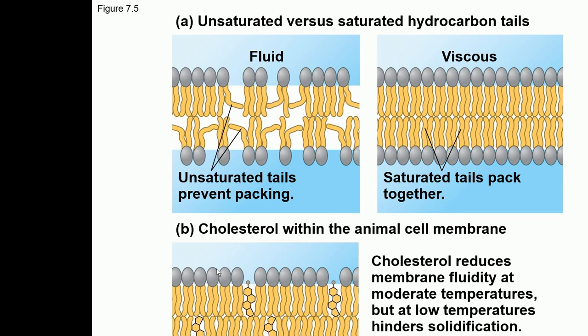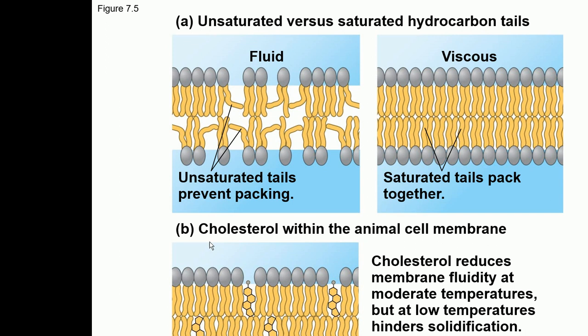When it is summer and the temperature becomes very high, these phospholipids could move very, very fast, but there is cholesterol sitting in between the phospholipid bilayer. This cholesterol actually interferes with the movement of these phospholipids because it's sitting in between.